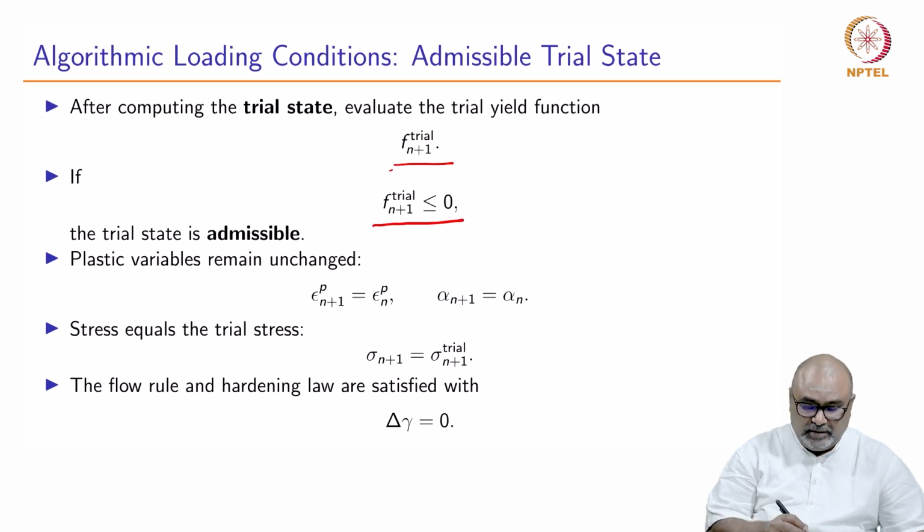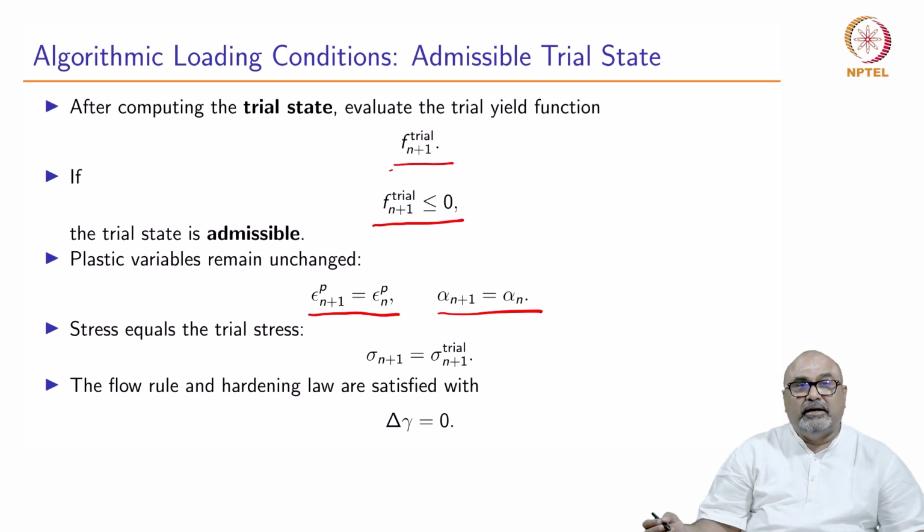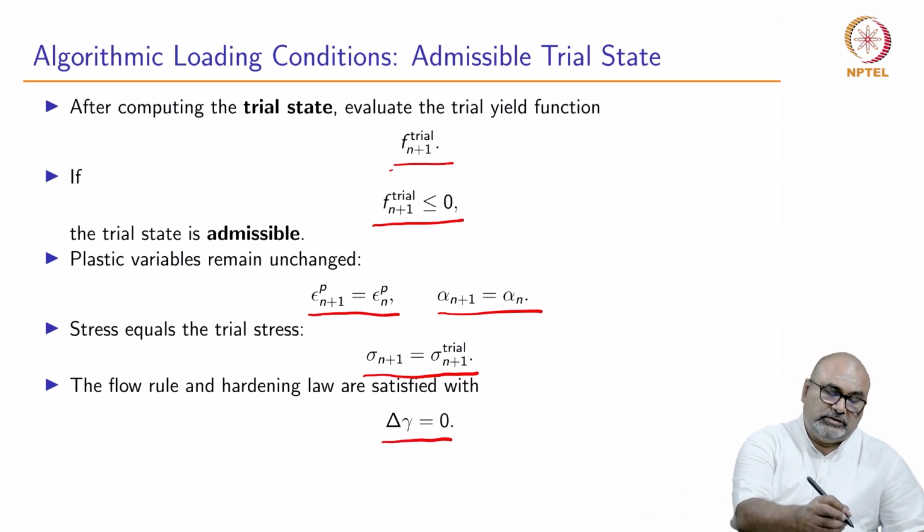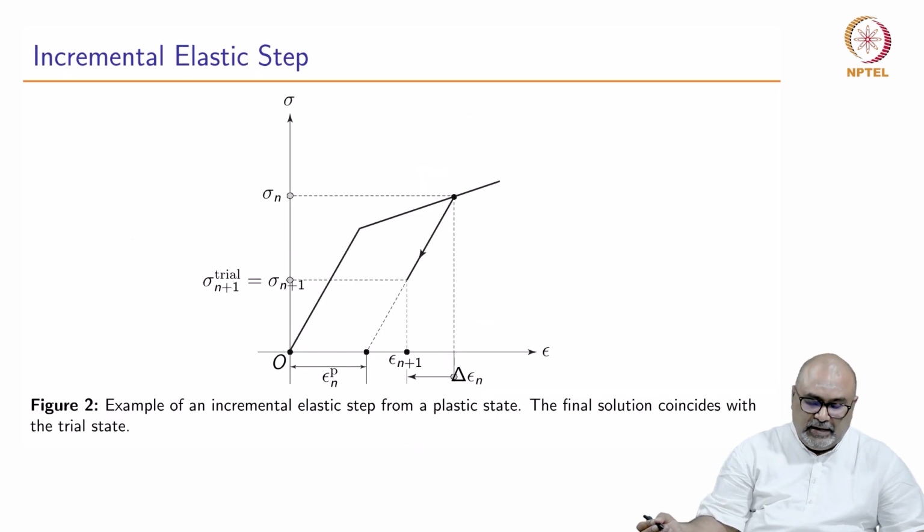So, the assumption that we made at the beginning of the step is correct, and epsilon n plus 1 p is equal to epsilon n p and alpha n plus 1 is equal to alpha n. The stress equals the trial stress. So, sigma n plus 1 is equal to sigma n plus 1 trial, the flow rule and hardening law are satisfied, delta gamma is equal to 0, and the elastic state is the trial elastic state.